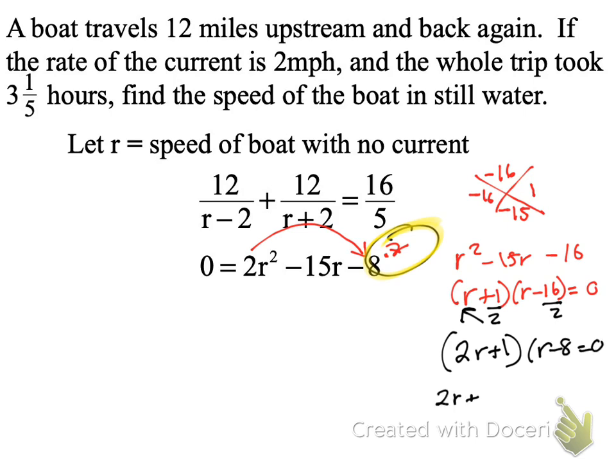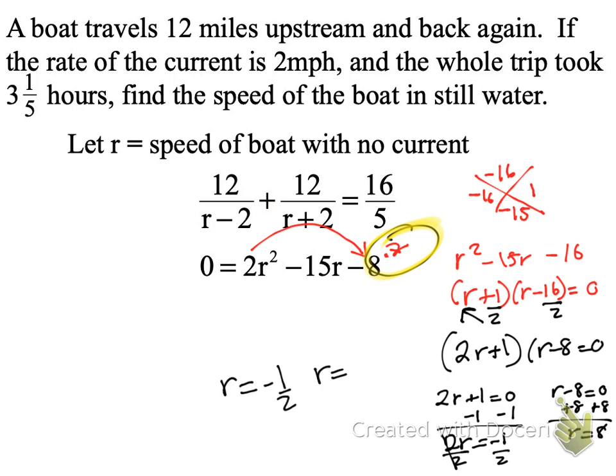So 2r plus 1 equals 0, and r minus 8 equals 0. Add 8, and r equals 8. Subtract 1, 2r equals negative 1, divide by 2. So r equals negative 1/2, or r equals 8.